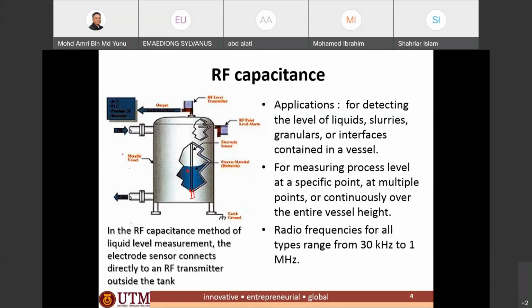The vessel itself is made of metal, meaning a conductive material, and the vessel body is grounded or connected to negative potential. So in between the electrode and the vessel, the material will be the insulator.